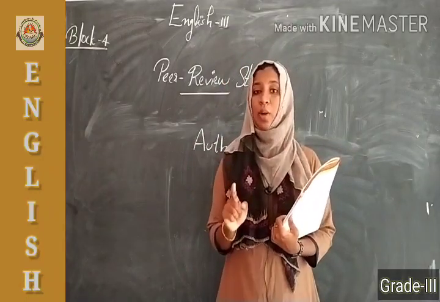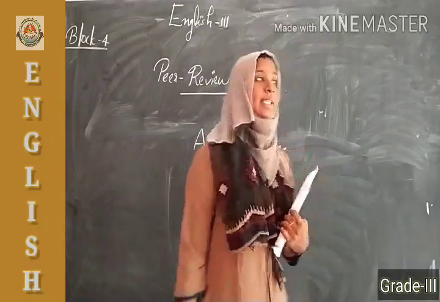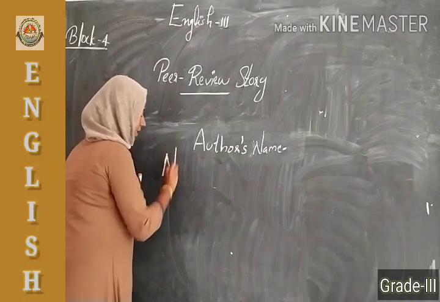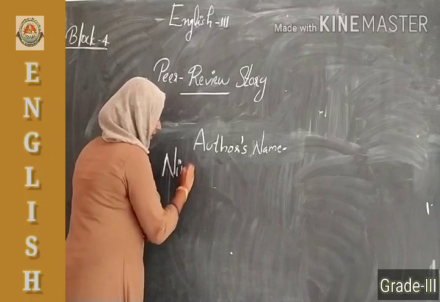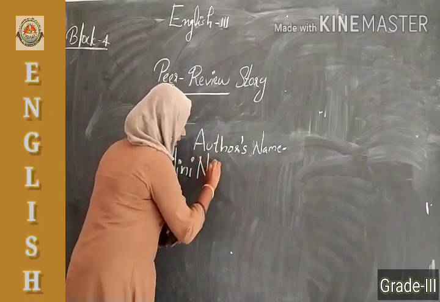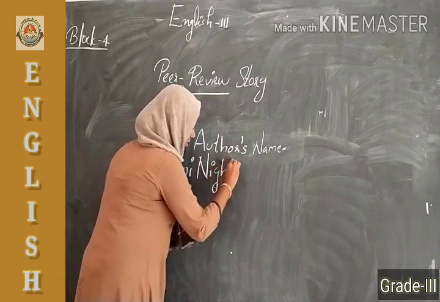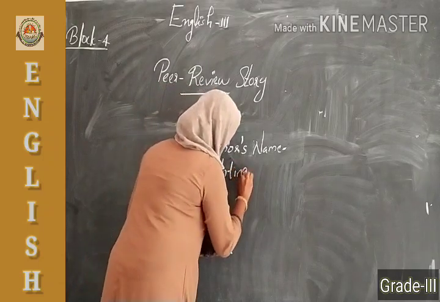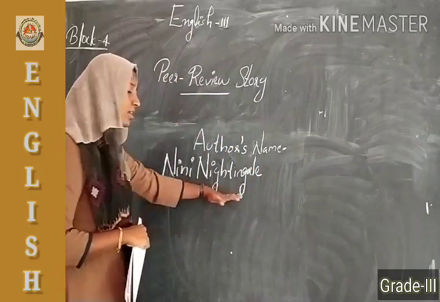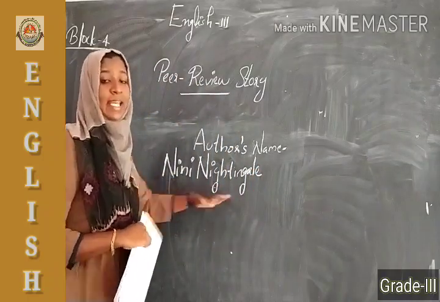So you have to write the name of your character. For example, my story is about a girl, Nini Nightingale. So my story is about a girl, her name is Nini Nightingale.